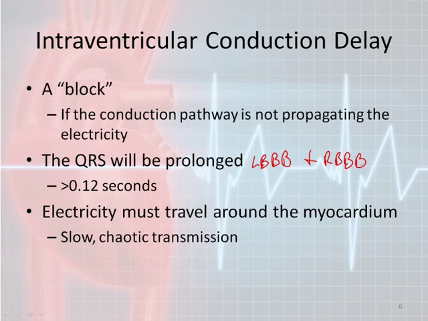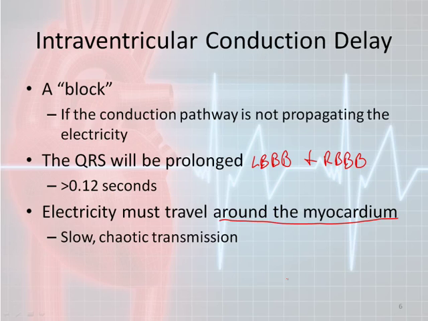Basically, what happens, though, in a blocking of the left or the right bundle branch, the electricity has to travel around the myocardium. Rather than using the superconductive pathways of the left and right bundle branch and the fascicles and the Purkinje network, now you have to use a cell-to-cell-to-cell transmission of the myocardial cells.